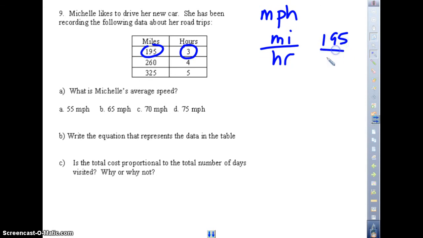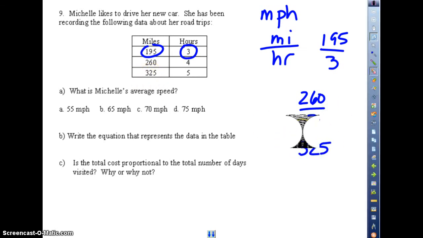195 divided by 3. Here I've got 260 divided by 3. Here I've got 325, not divided by 3, divided by what? Now, you guys weren't here to correct me. Divided by 4. 325 miles in 5 hours.